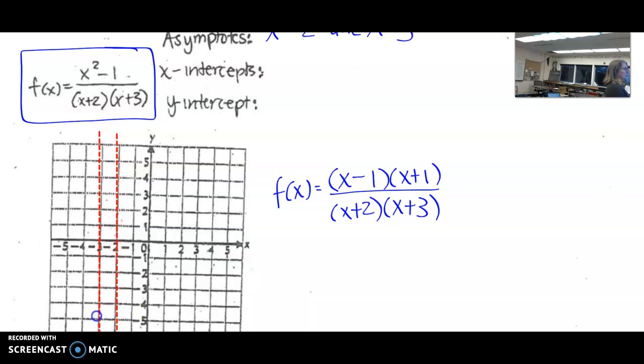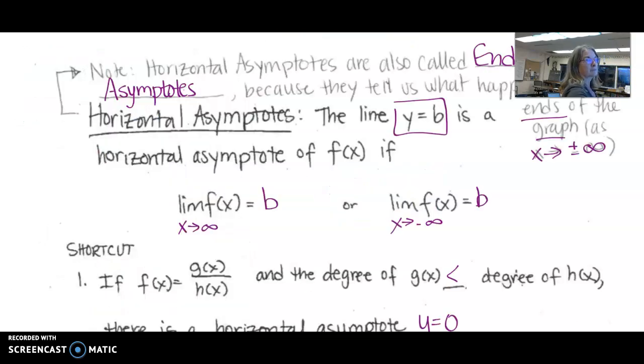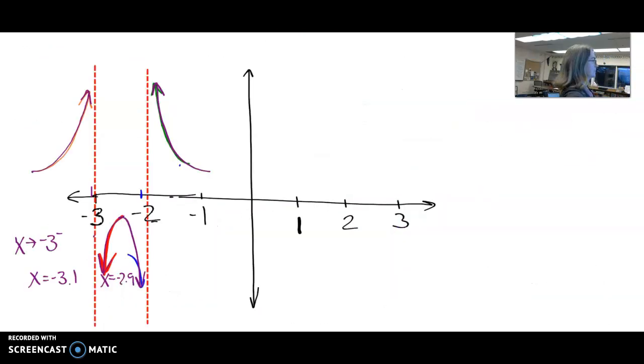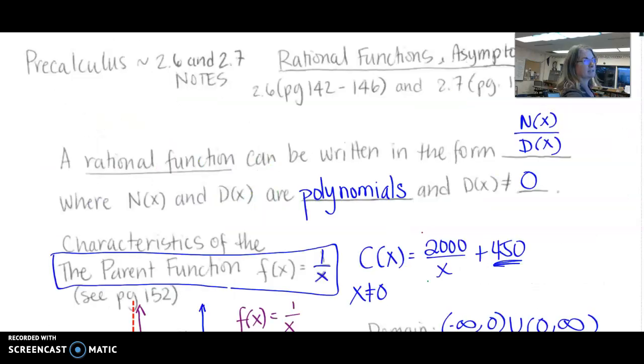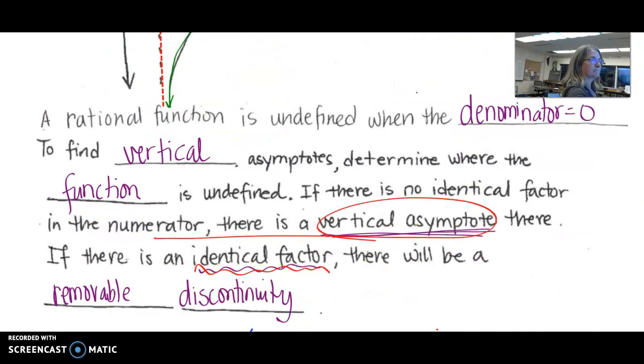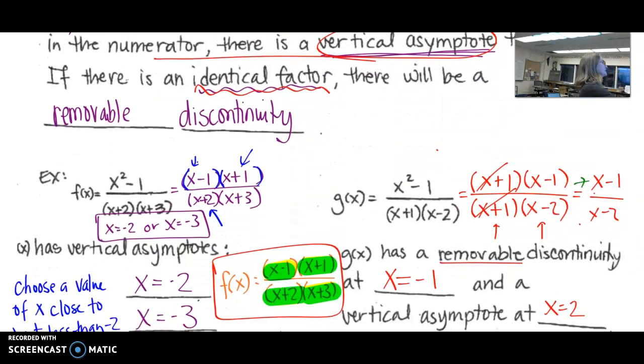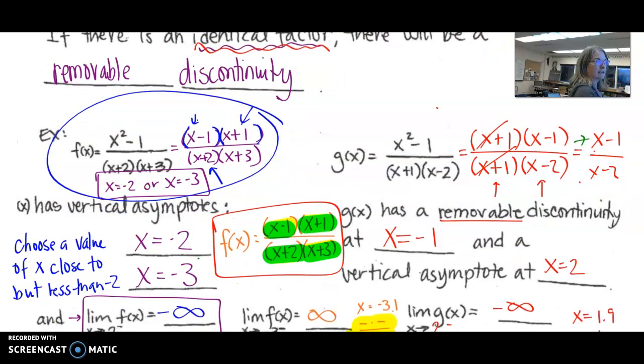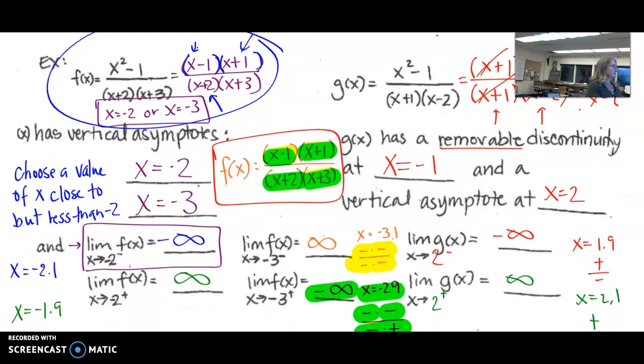A couple pages ago, here's the same function f of x, and we determined as x approaches -2 from the left, it approached -infinity. From the right, it approached positive infinity. And for the other asymptote of -3, from the left, it approaches positive infinity, and from the right, it approaches negative infinity.